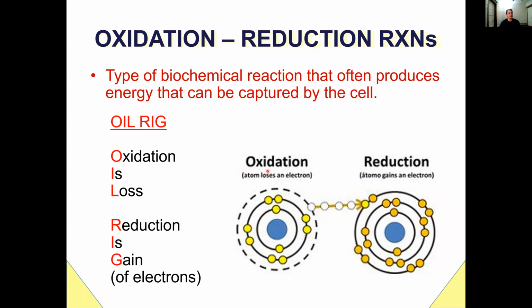So you can see from the sketch here, oxidation is where you have an electron that is being lost. It's moving here. And reduction is where you gain an electron. Notably, the oxidation, this removal of the electron, is the reaction that produces energy. So the oxidation is where you get your energy from.